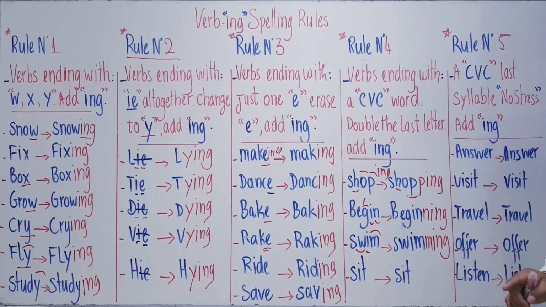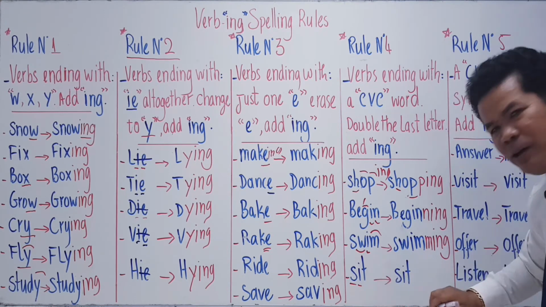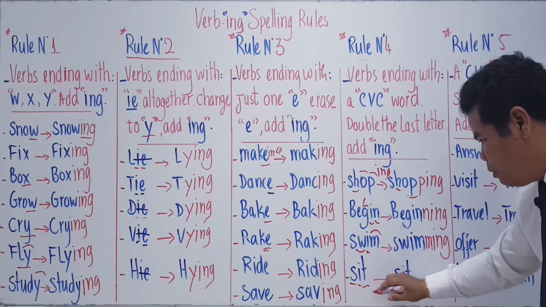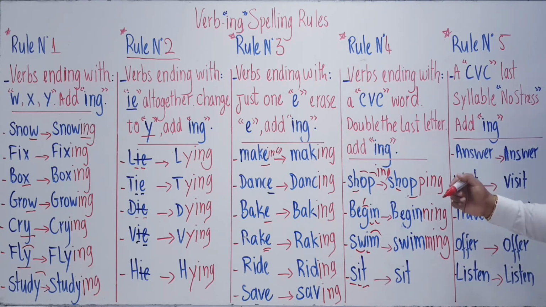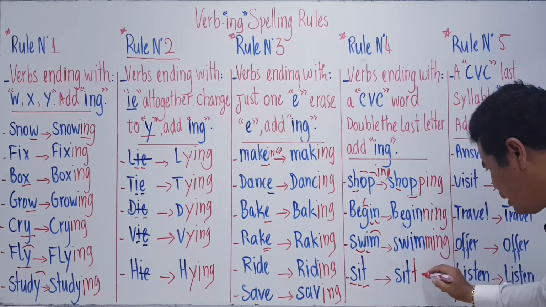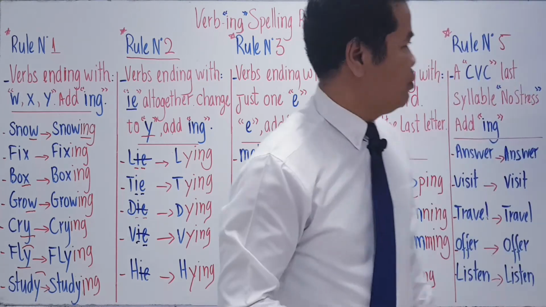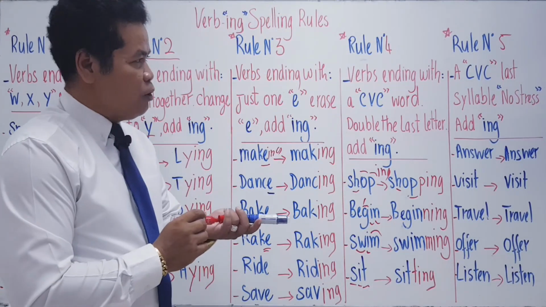Let's go to sit. Consonant, vowel, consonant. So before adding ing, you have to double the last consonant, which is T, and ing.